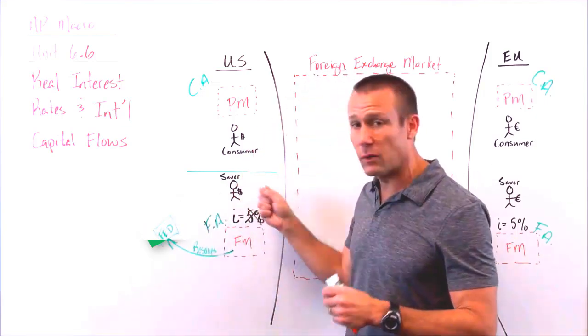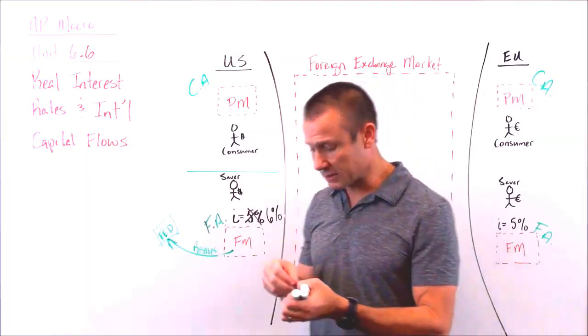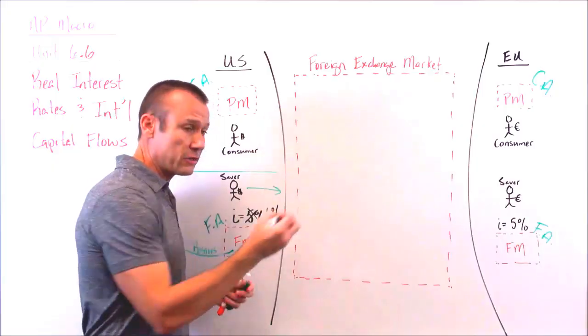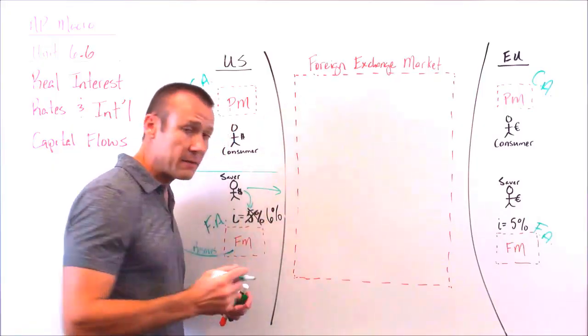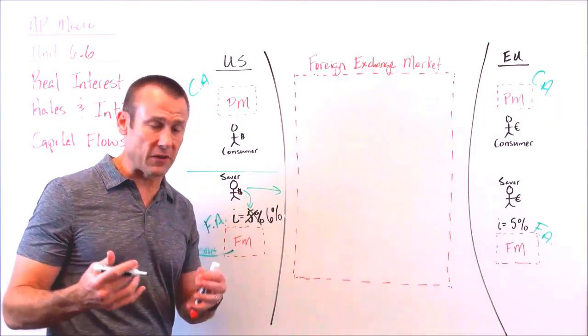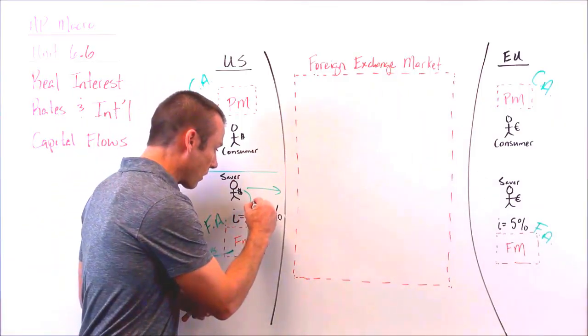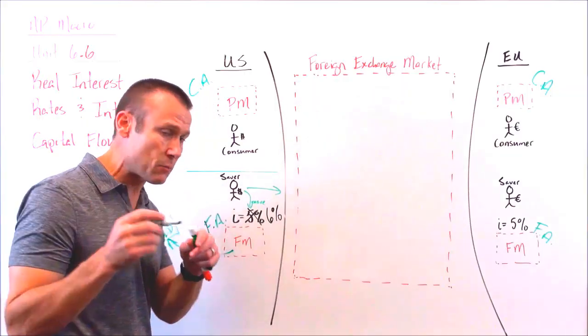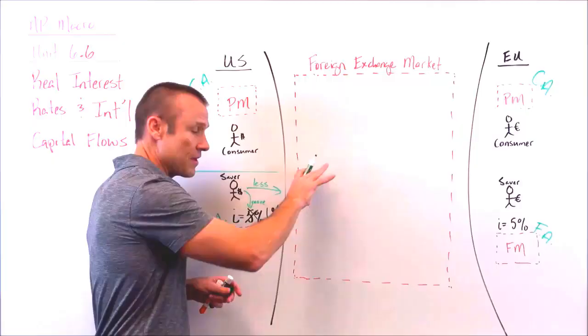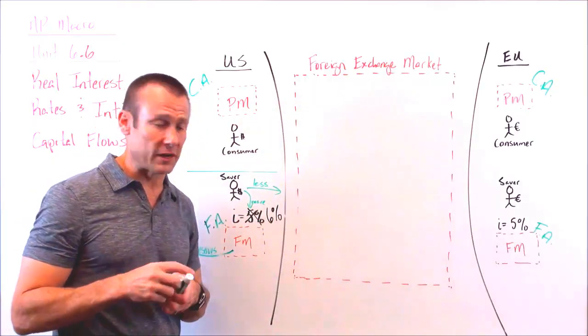So how is the U.S. saver going to respond? What I like to say is this U.S. saver was probably taking some money to Europe and probably taking some money to their own financial markets. Now, when this happens, how is it going to affect it? Well, they're going to take more to their own financial market, but even more importantly, from an exchange market standpoint, they're going to take less there, okay, to the foreign exchange market.